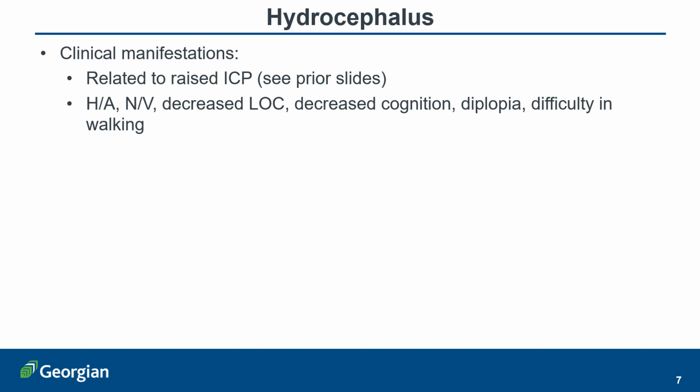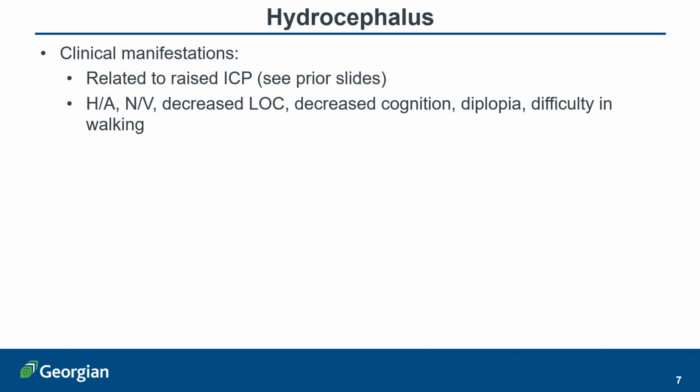The clinical manifestations of hydrocephalus are, yes, raised ICP. We saw that's the etiology of raised ICP. One of the etiologies of a raised ICP is hydrocephalus. Consequently, the clinical manifestations of hydrocephalus are all exactly the same as the clinical manifestations of a raised ICP.